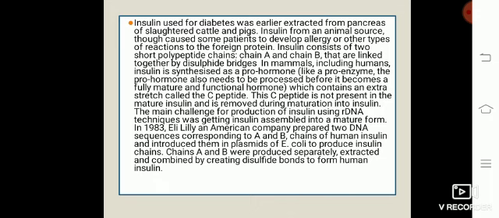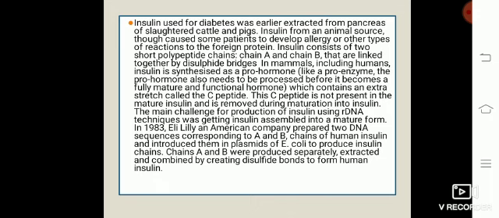In mature insulin, only two chains are present, A and B. During maturation into insulin, the C-peptide is removed. The main challenge for the production of insulin using recombinant DNA technology was getting insulin assembled into a mature form.